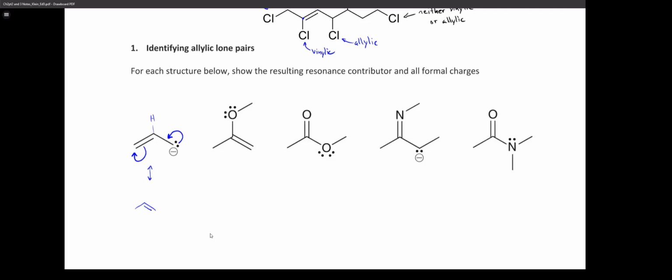We now have a lone pair on that side and a negative charge. I probably could have drawn that a little bit bigger. These two are equivalent resonance structures because if you flip one over, it looks exactly like the one you started with, correct? Good.